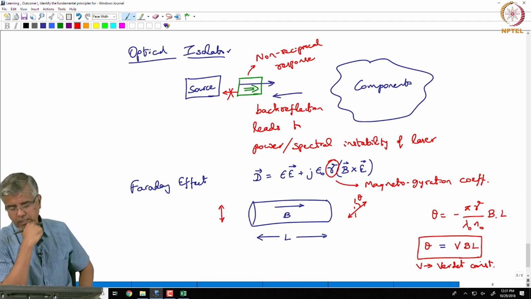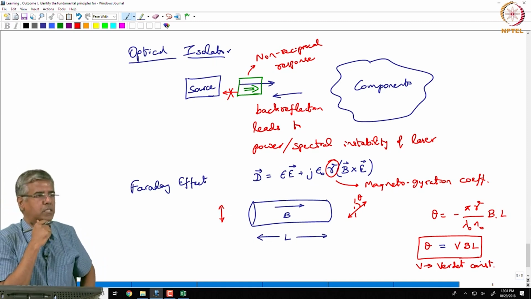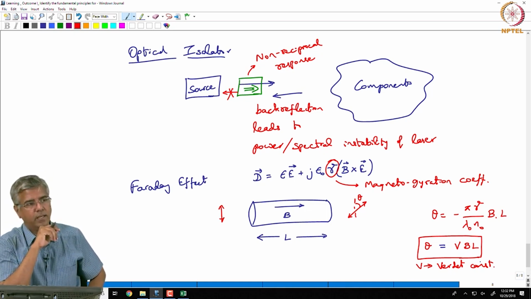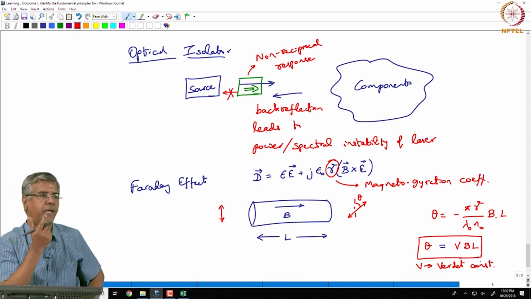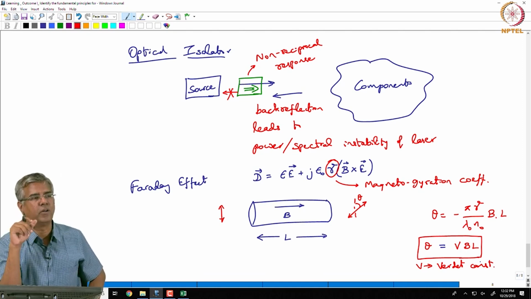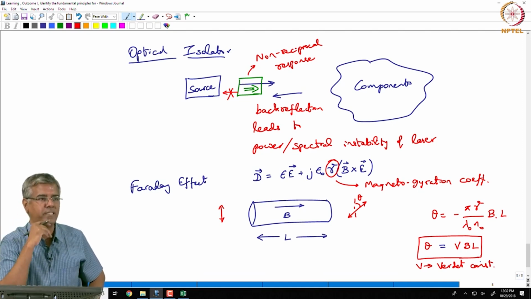In this case, we are assuming that B is constant. If B is not constant, then you are talking about possibly modulating the polarization coming out of this material.